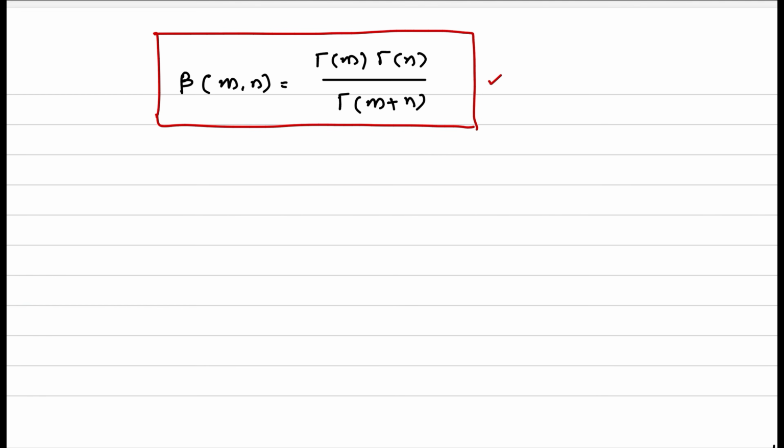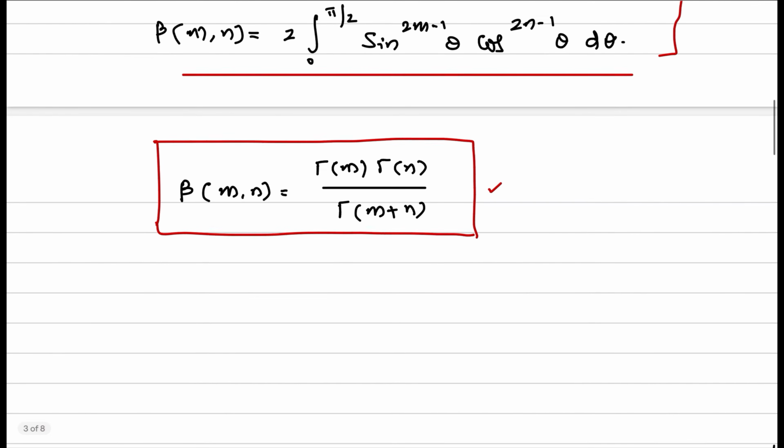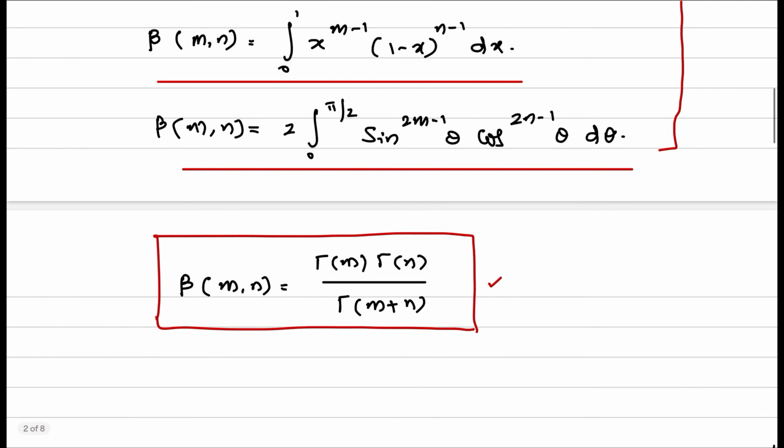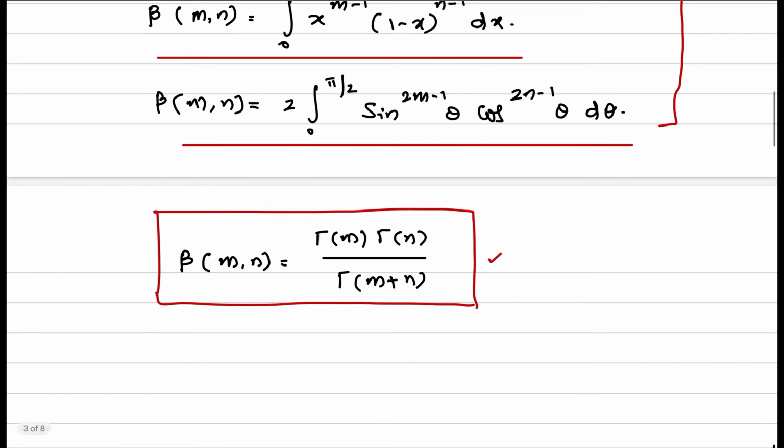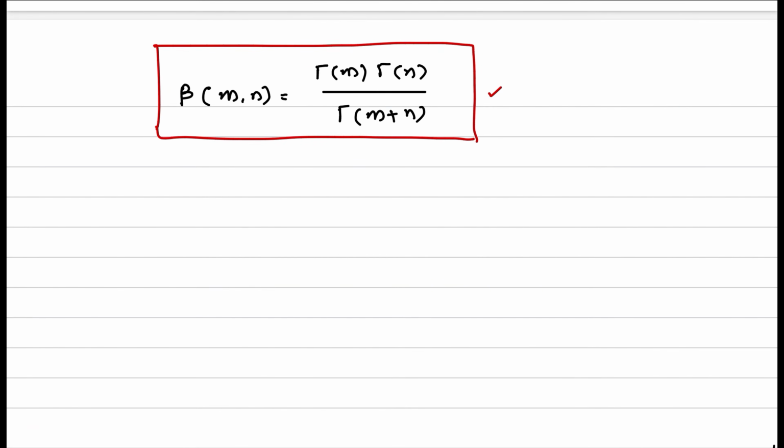Now, I will give one relation which we will be proving.